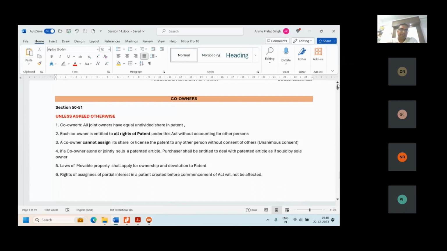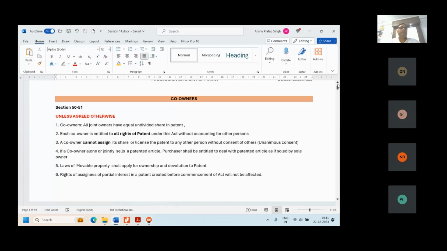What is undivided share? Let's understand with a physical property. Suppose you have inherited a property from your parents, and your parents had 4 children. Then each child will have equal share in it.